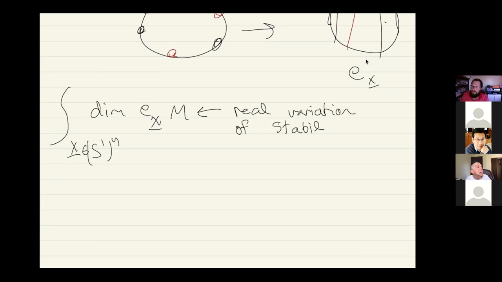If you look at the original real variation of stability paper, they say your real stability condition should be given by looking at the dimension of the representation in characteristic P. And this integral is actually a continuous version of that.